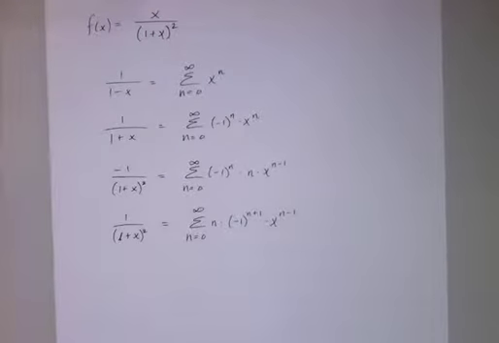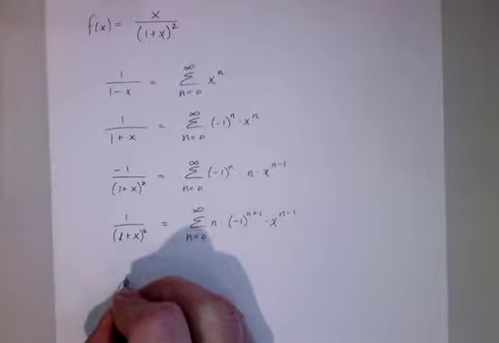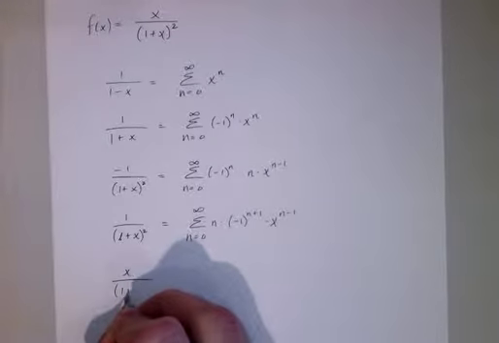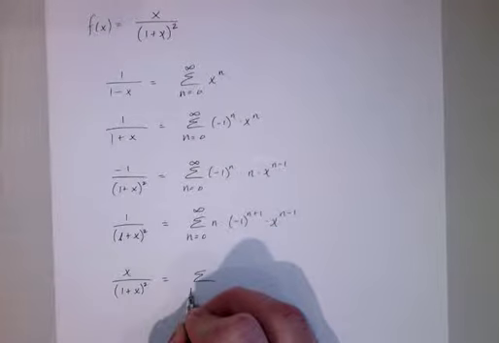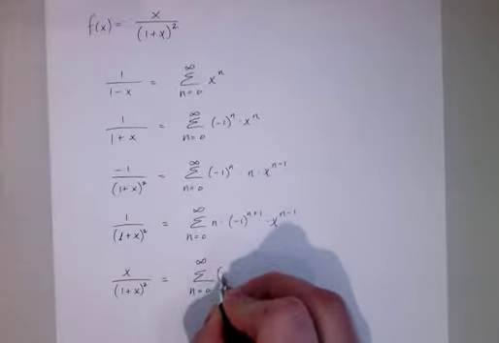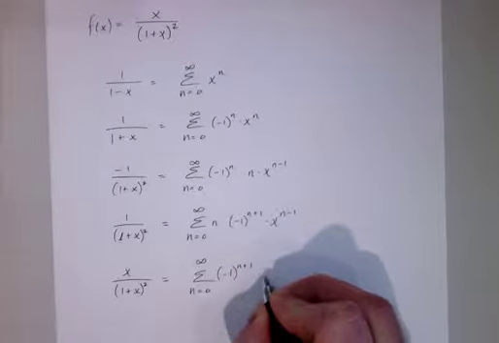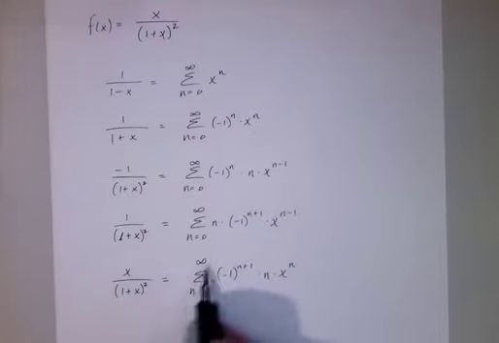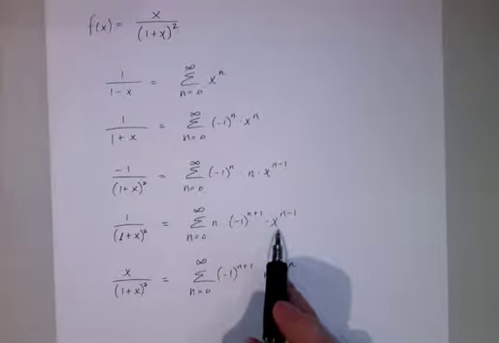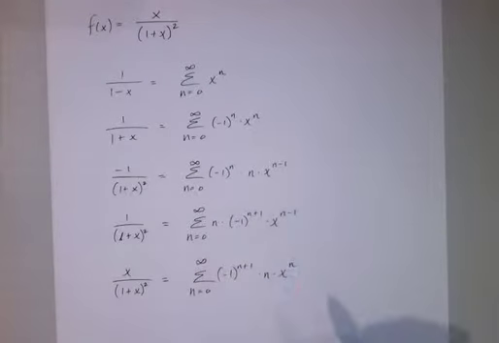So instead of the second, fourth, sixth, and so on terms being negative, I have the first, third, fifth terms being negative. And then I simply need to multiply through by x. And when I do that, that winds up giving me negative 1 to the n plus 1 times n times x to the n. Okay, all I've done is basically multiply this by x, taking away that x to the n minus 1 and leaving it just as x to the n.